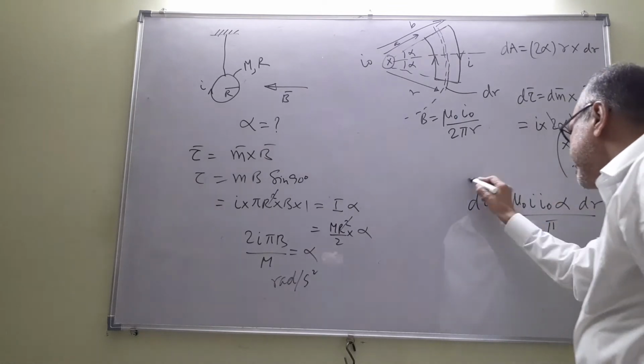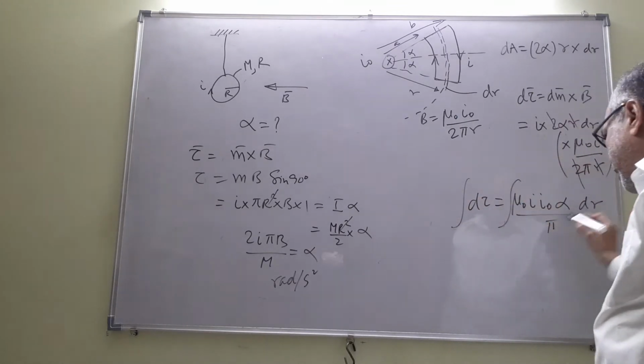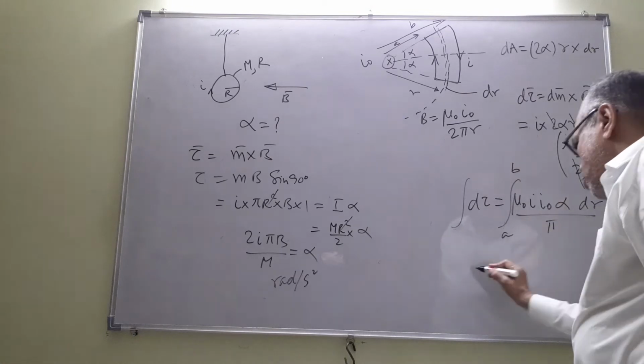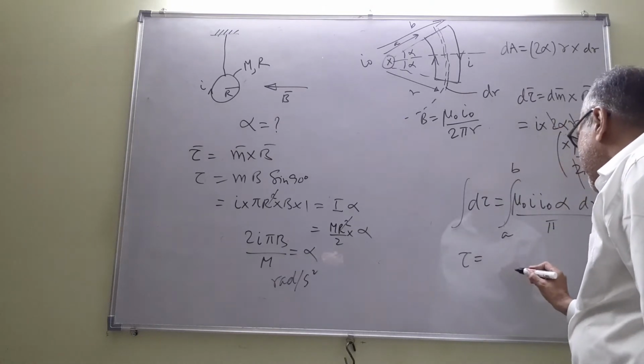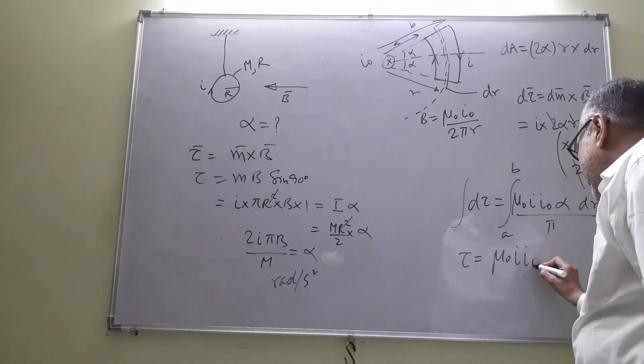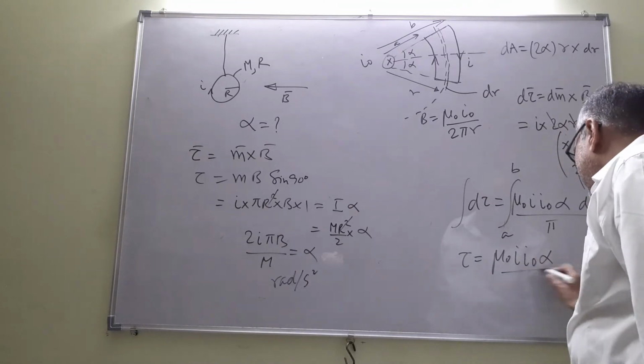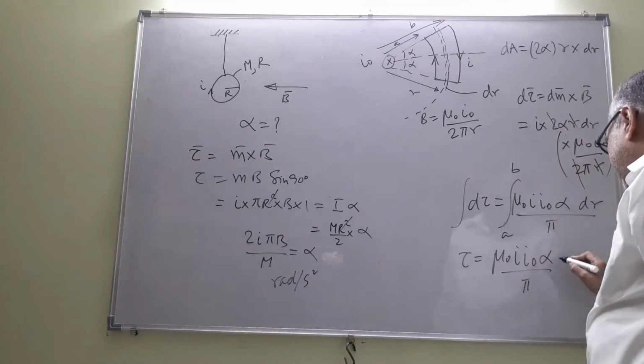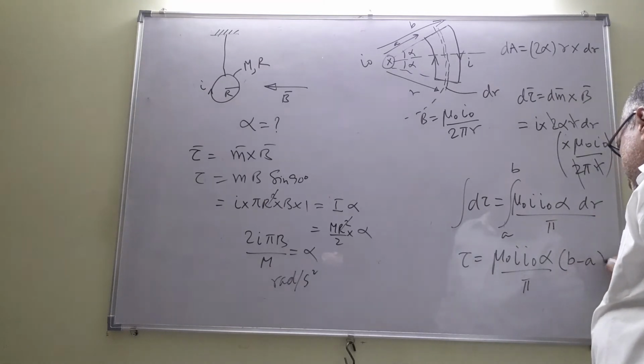If I integrate this, the limits of r are from A to B. So I'll get the total torque as mu naught I I naught alpha by pi into the integral of dr, which is r. If I put the limits, I'll get B minus A.